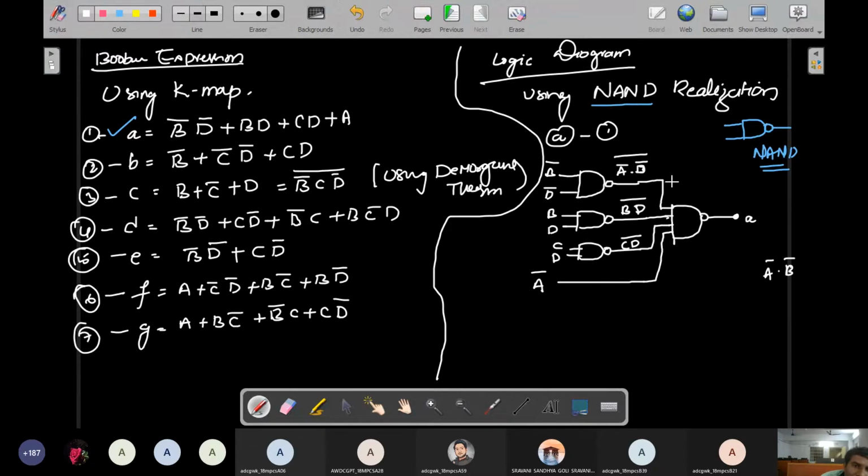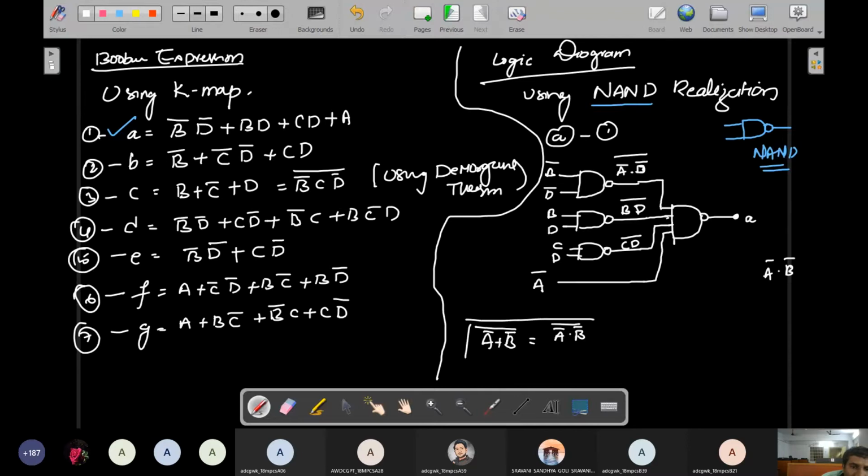Now using De Morgan's theorem, you can change these values also. This is A plus B whole bar, because according to De Morgan's theorem, A bar plus B bar whole bar is equal to A bar B bar whole bar.